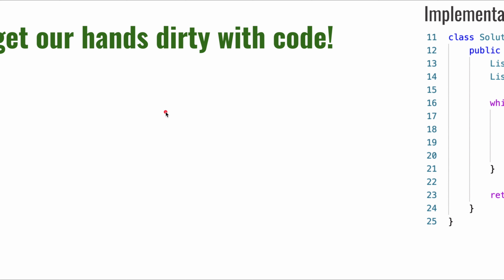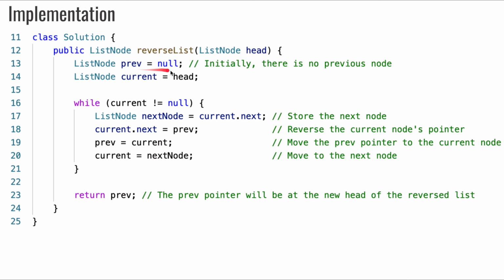So what we have done here, previous we have set null, current is at head, means at 1. Now we will run this loop until we reach the 5th node, right? What will we have at the next node? So next node is current dot next, means at 2.